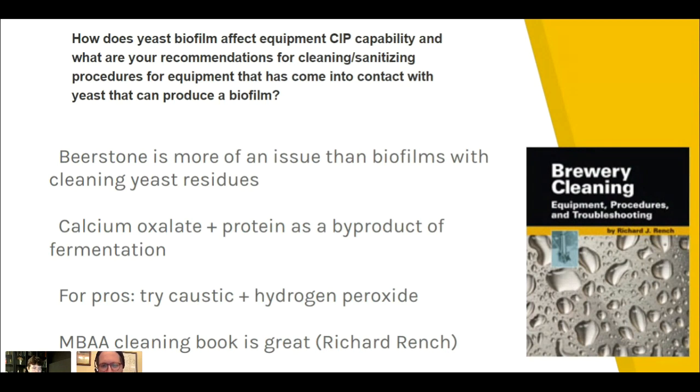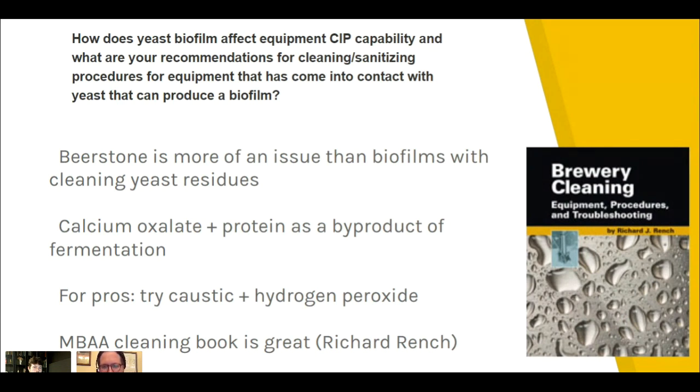So for the pro brewers out there, I would recommend using a caustic and hydrogen peroxide mixture. You can essentially dose hydrogen peroxide into your caustic loop while it's running, and that basically serves as an accelerant to really help create more turbulence and help to remove some of those protein deposits and loosen them up.